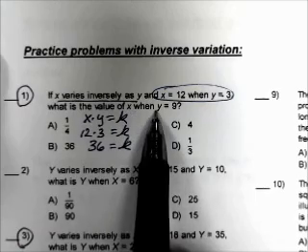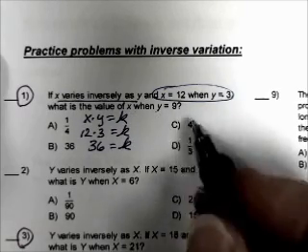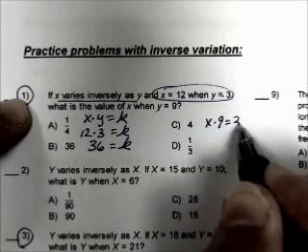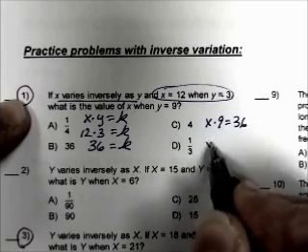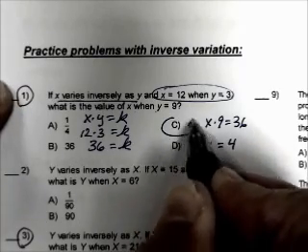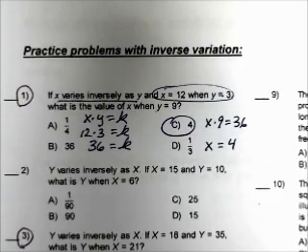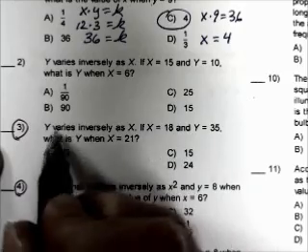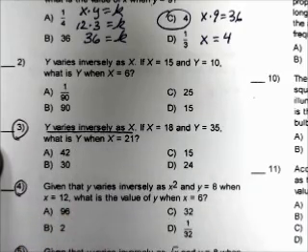What is the value of x when y equals 9? All right. So x times 9 equals 36. Divide by 9 and x equals 4. So that would be choice option C. Next, number 3. y varies inversely as x.